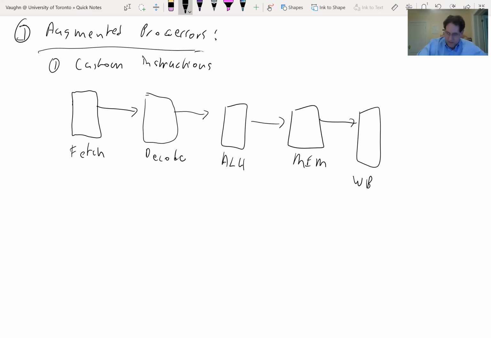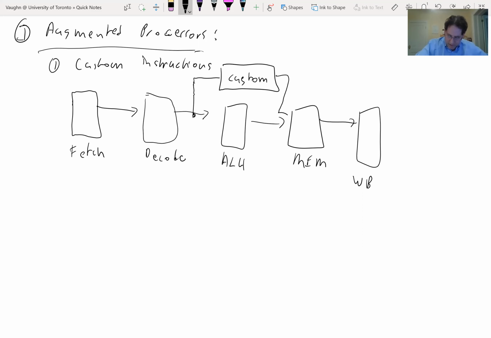Okay. So what a custom instruction normally does is expand essentially your ALU, your execute stage. If you decode your custom instruction, so you find that the opcode matches the custom instruction that you just put in, the soft processor reserves certain opcodes for you to use.